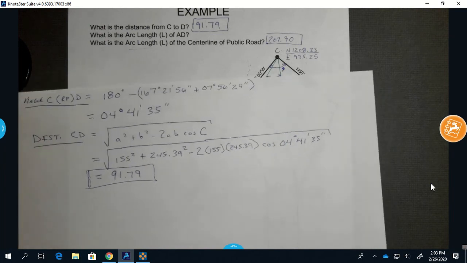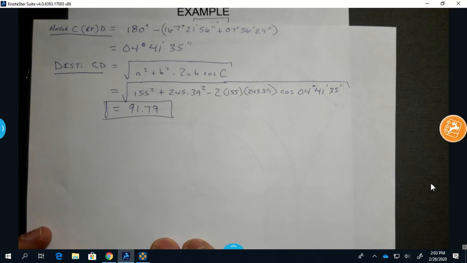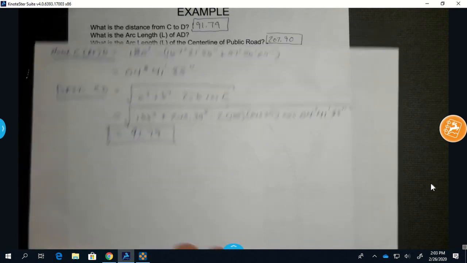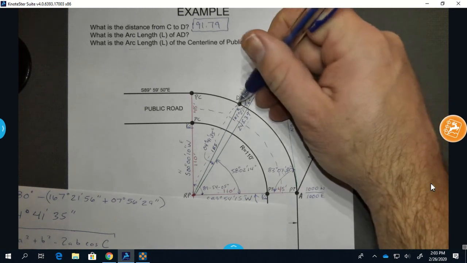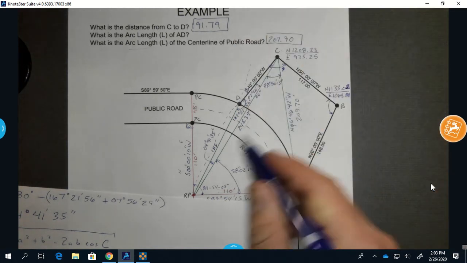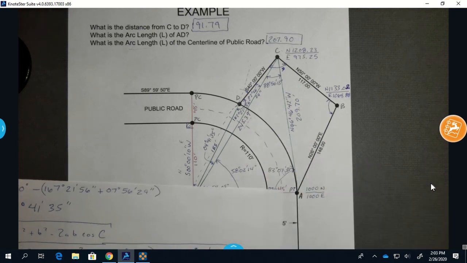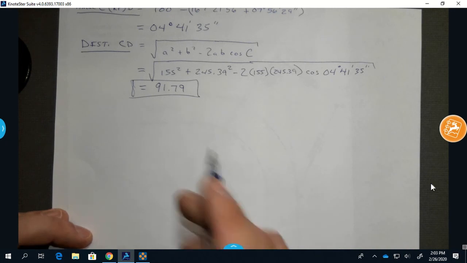So we have one more thing to solve. That last thing to solve is the arc length of A to D, so the length along this curve. Okay, we have all this information here that just basically broke it down for us. All right, so let's solve that.